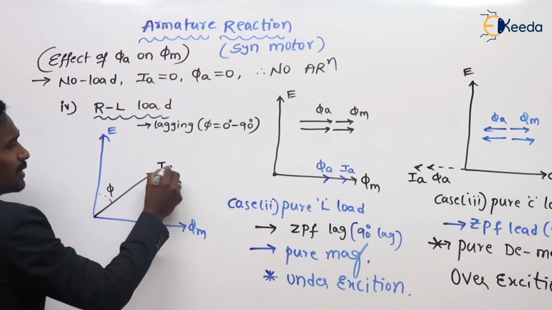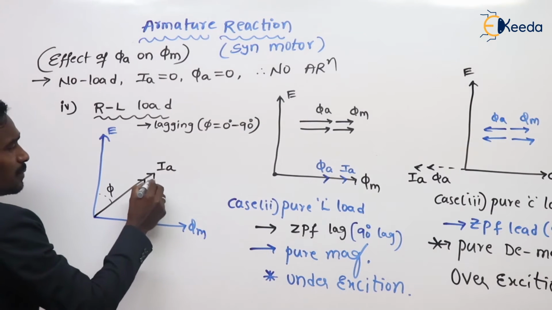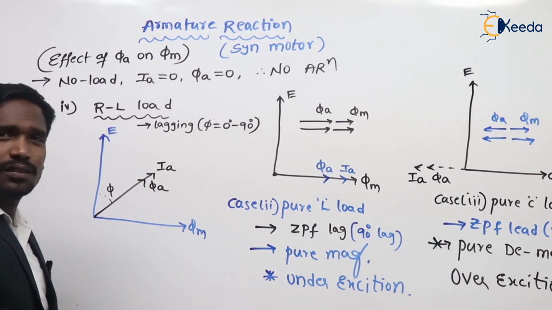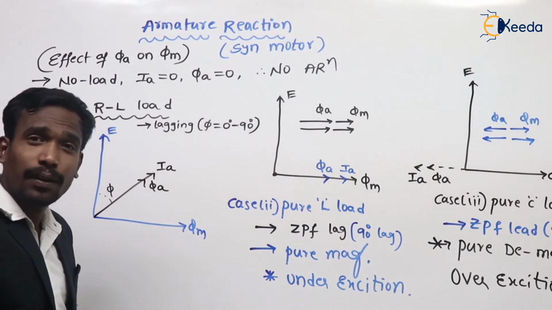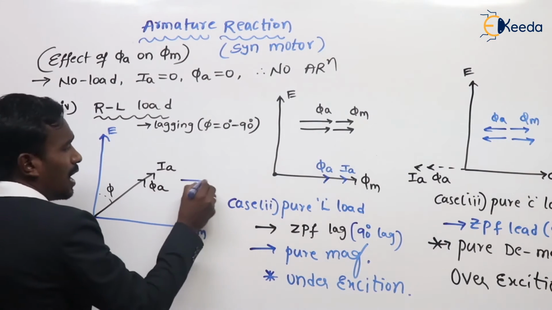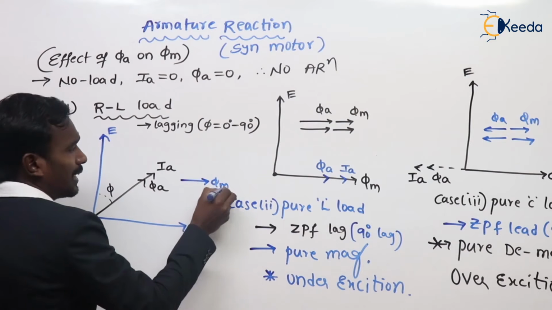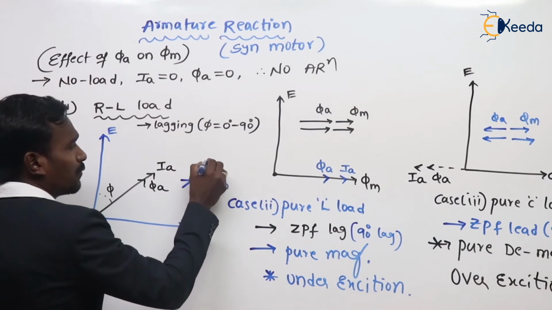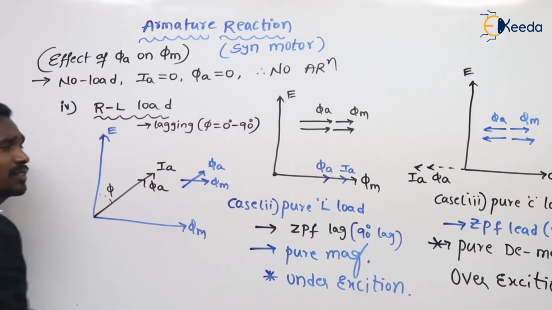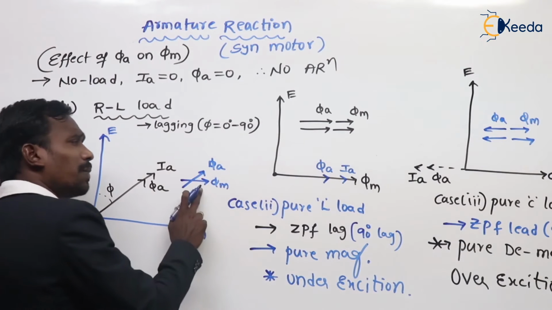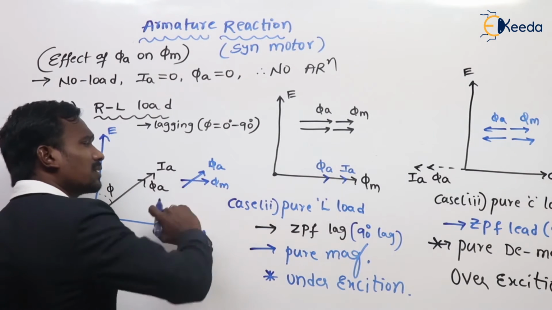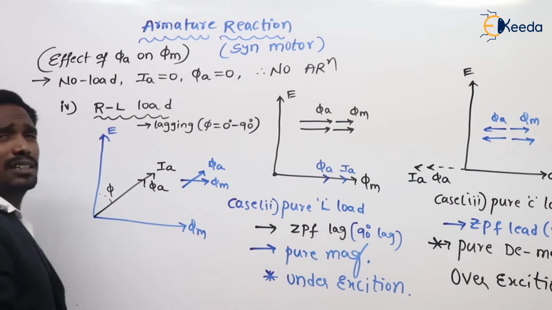This is my armature current and this is my armature flux. If the main field flux is like this, then the armature flux is like this. Some part of the flux is adding, and some part crosses.